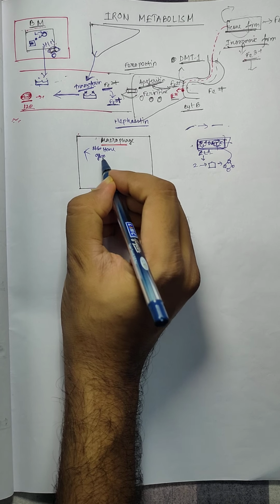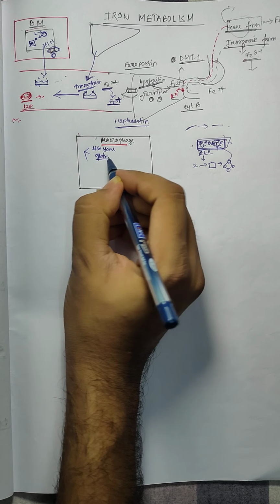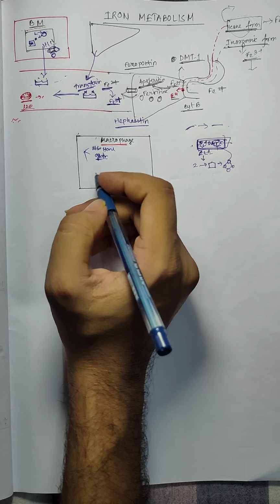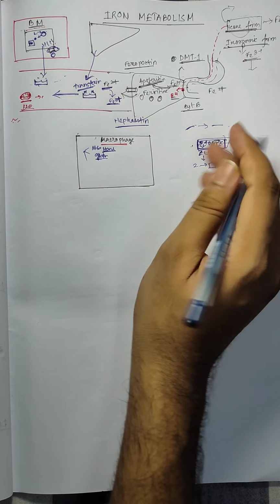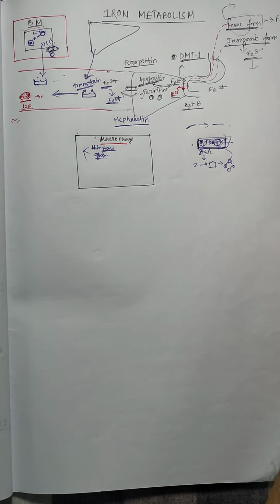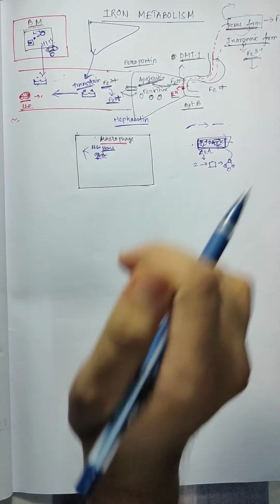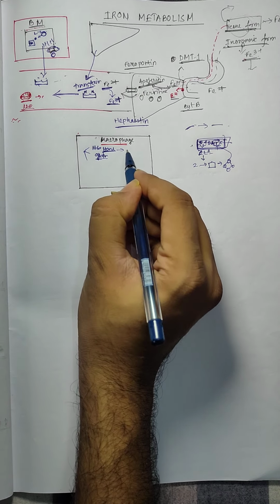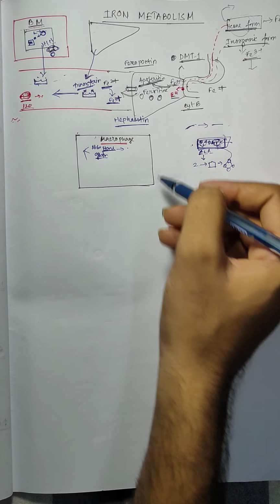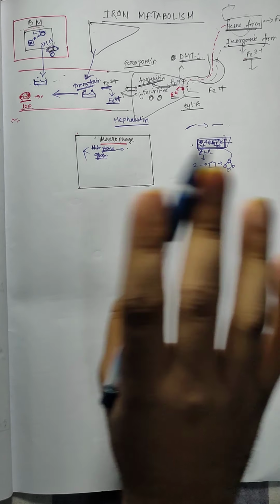This globin ultimately forms amino acids, which are again used, and the heme part ultimately forms biliverdin and then bilirubin and finally comes through the bile, and you know that part.